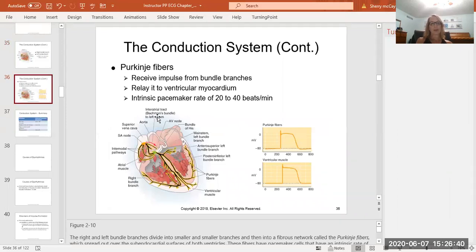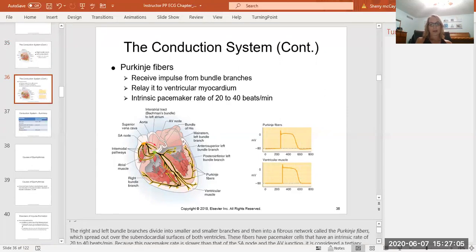Okay, so these Purkinje fibers receive impulses from bundle branches and relay them to the ventricular myocardium, with an intrinsic pacemaker rate of 20 to 40 beats per minute. The right and left bundle branches divide into smaller and smaller branches and then into a fibrous network called the Purkinje fibers, which are above here.